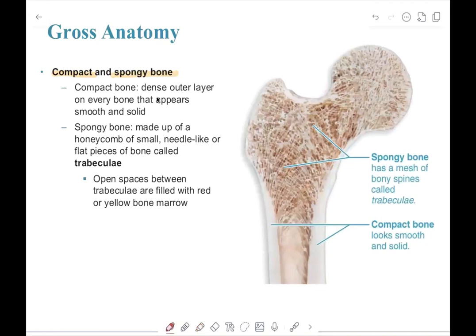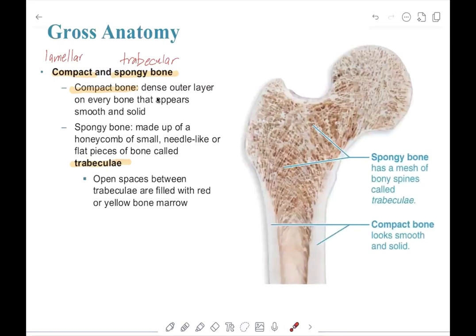Compact bone is also called lamellar bone, and spongy bone is also called trabecular bone. Compact bone has a dense outer layer, and spongy bone has needle-like flat pieces, which we call trabeculae. Hence, the name trabecular refers to spongy bone.